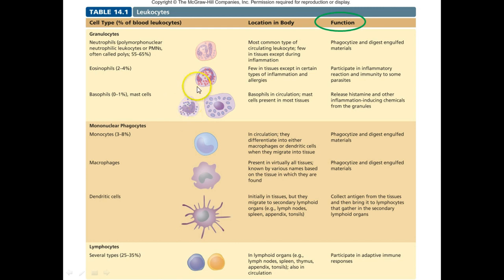Basophils, their multilobed nucleus sometimes is obscured by their granules, right? So it just looks like this big purplish blue mass. A lot of students in A&P confuse these, depending on what magnification you're looking at, with lymphocytes.